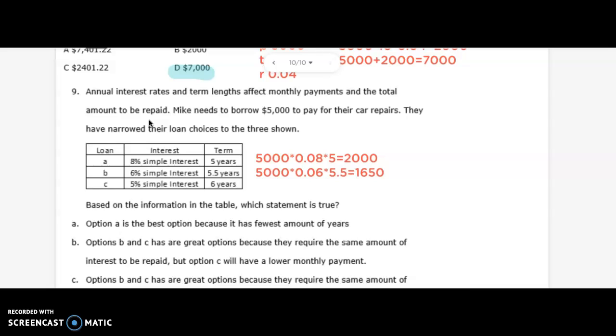Okay. The next one is 5% for 6 years. So that's going to be 5,000 times 0.05 times 6 years. So that's 5,000 times 0.05 times 6. And it tells me that this is 1,500.